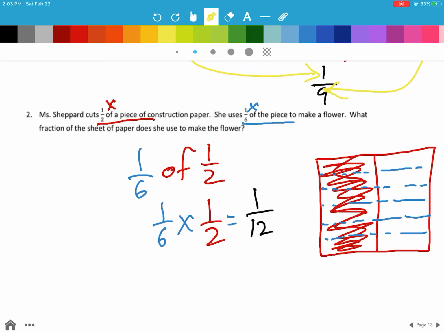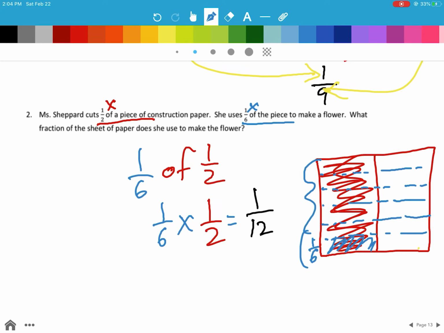Again, if you need to count, you will see that there's 1, 2, 3, 4, 5, 6 of these, right? But that's not what we're counting. I need 1/6 of them. So I need to make sure I show this is 1 out of the 6.